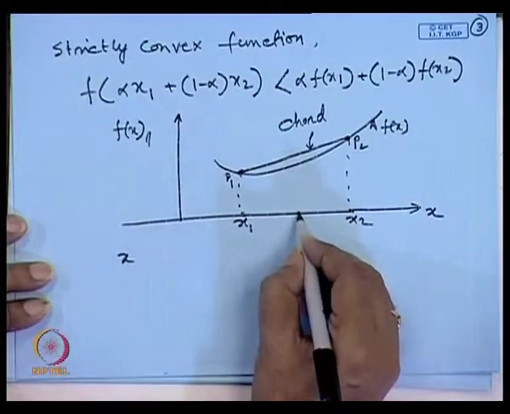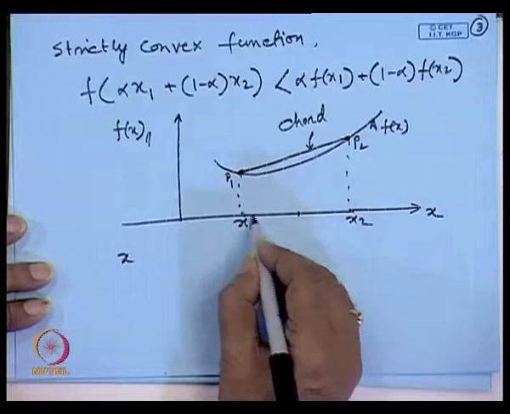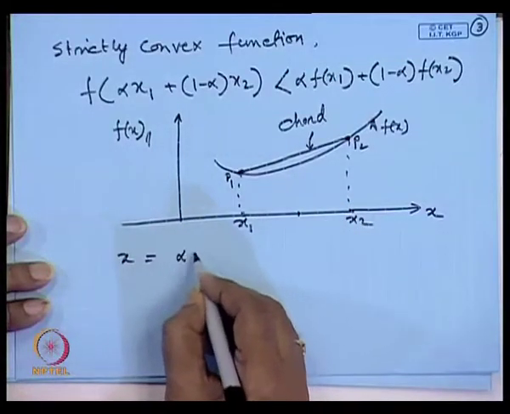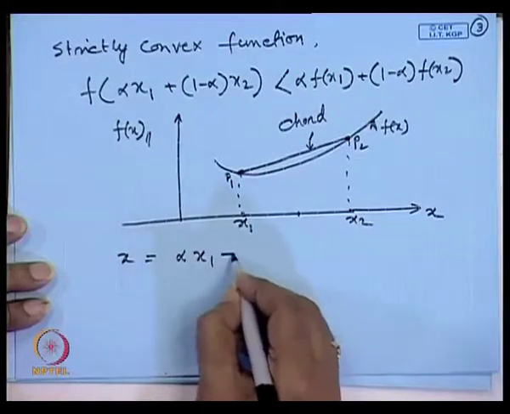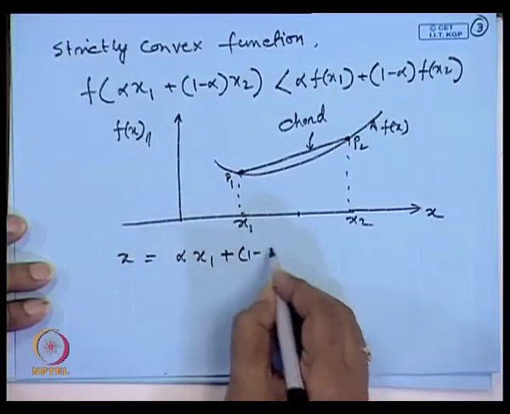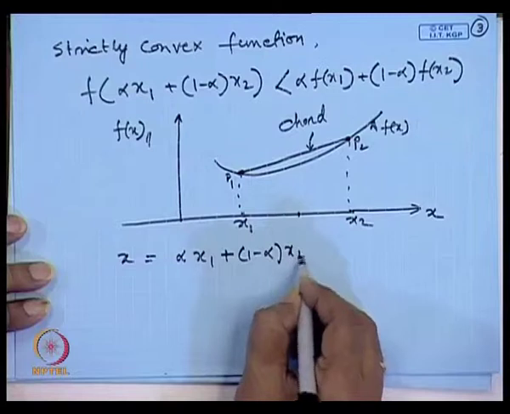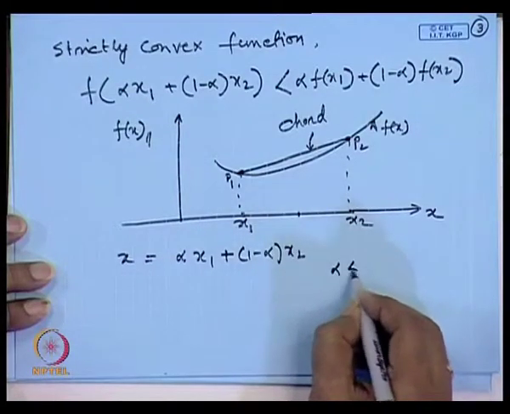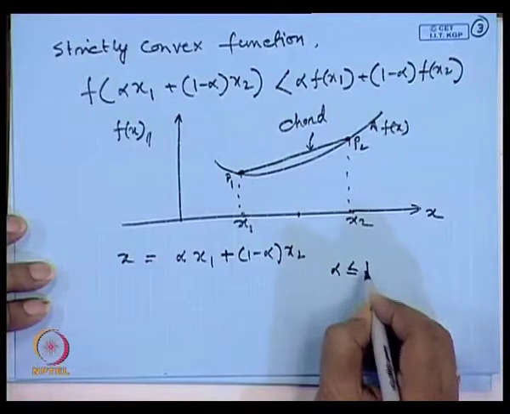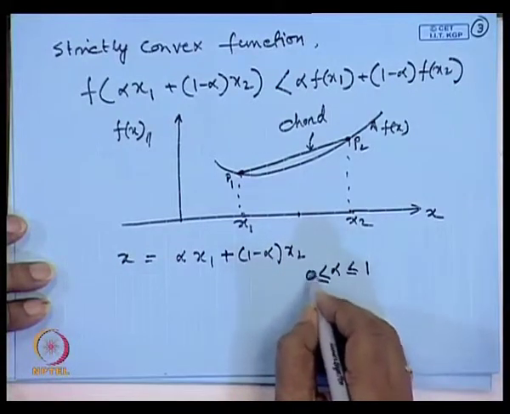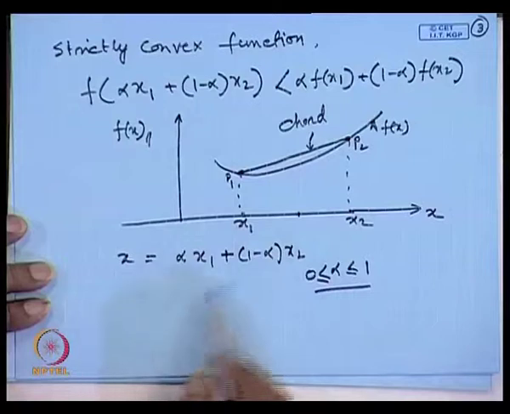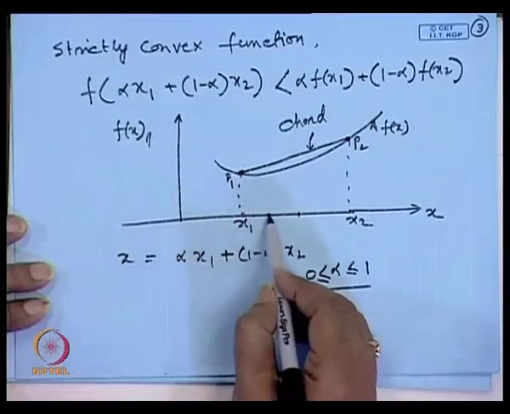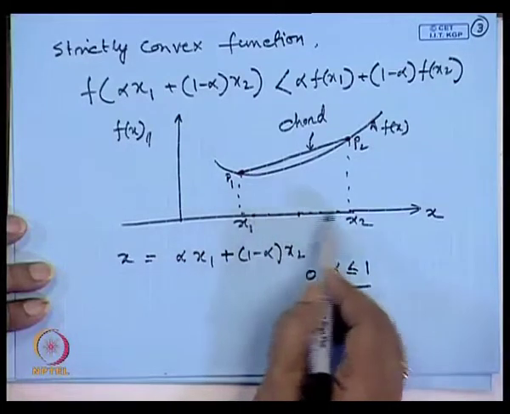Let us call the point x, any point from x 1 to x 2. x is equal to alpha into x 1 plus 1 minus alpha into x 2, agree, where alpha is less than or equal to 1 and greater than or equal to 0. So, for any value of alpha in this range, x will lie anywhere between x 1 and x 2.